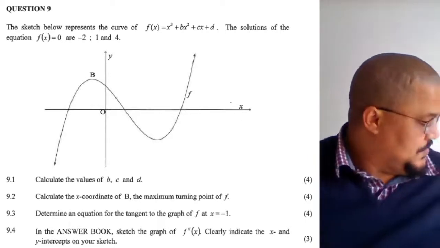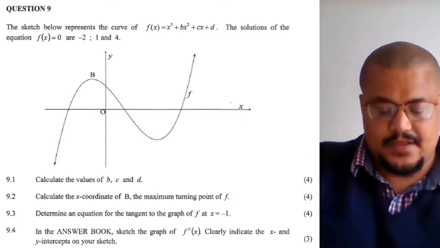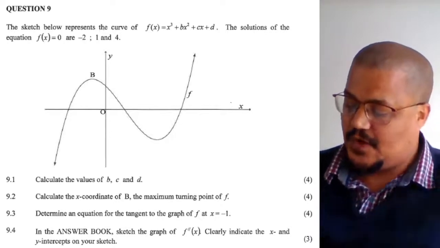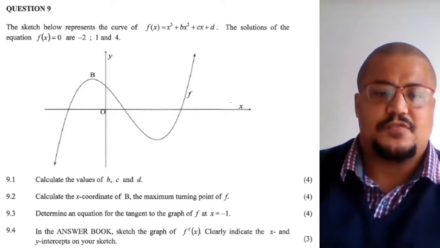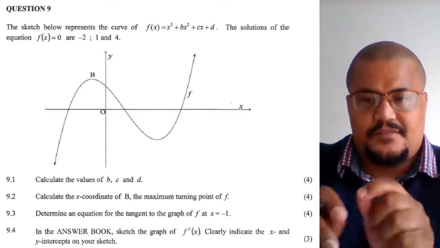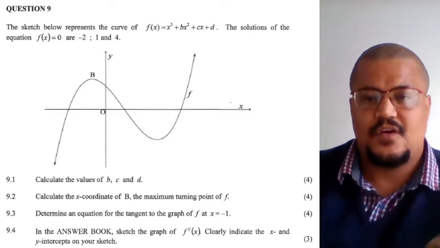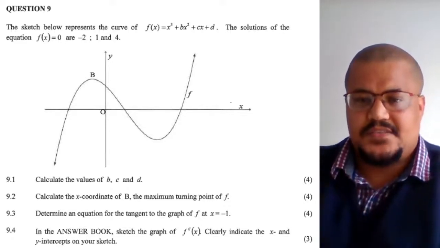Okay, so the next thing for us to do is to answer the question. 9.1 is: calculate the values of b, c, and d. The first question you ask yourself before answering is, what prior knowledge do you need?